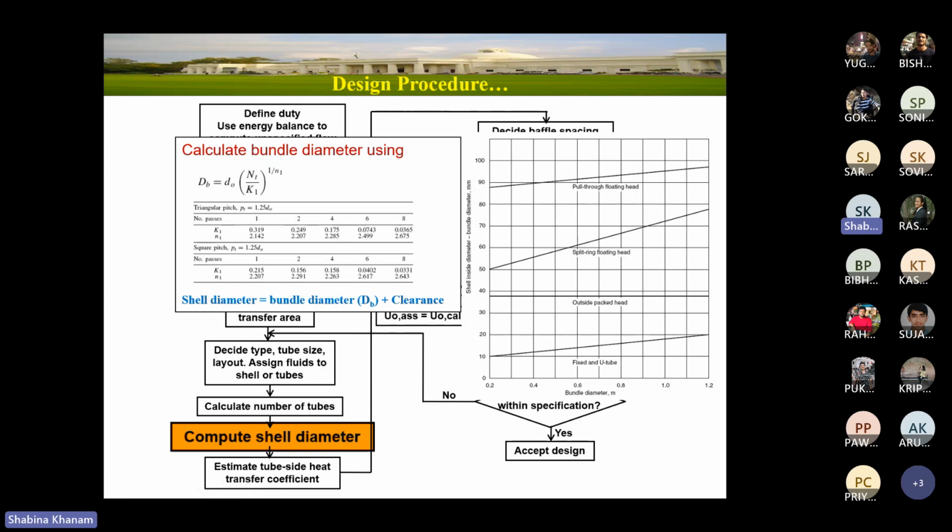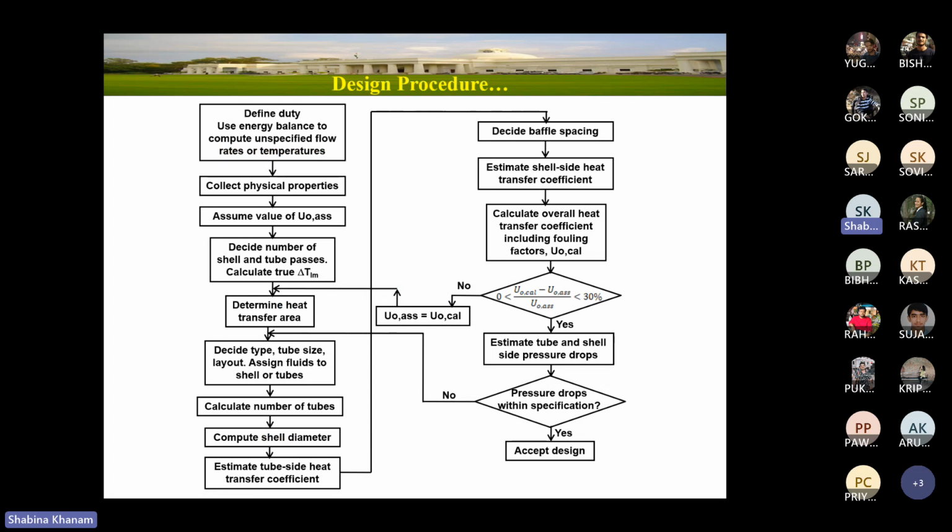That clearance is the shell inside dia minus bundle dia, which means the upper gap as well as the below gap, everywhere the clearance has been counted. So you don't need to double this clearance and then add; simply add the clearance which is already mentioned here. In that way you can find the shell diameter.